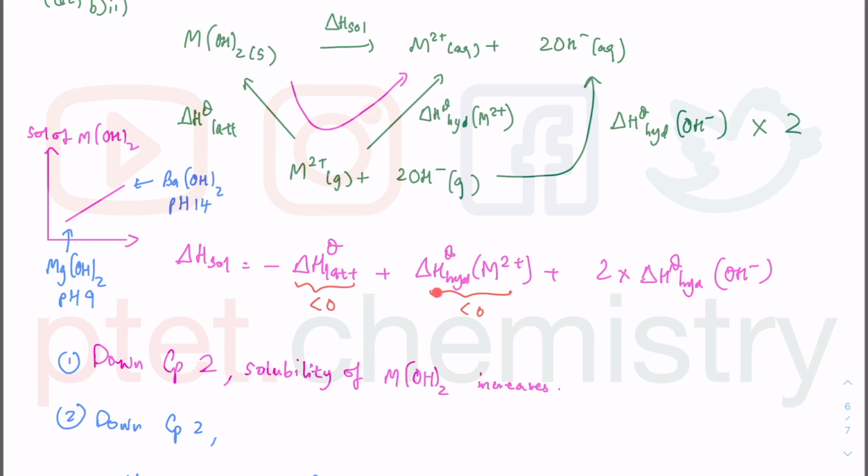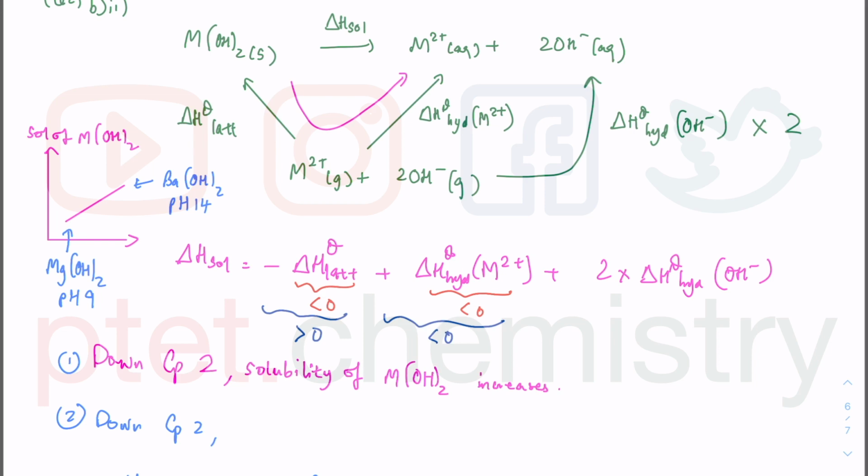It's just hydration of cation, hydration of anion. Similarly, remember that the water molecule has a dipole, it's got delta plus and delta minus. So the opposite dipoles will attract depending on whether you have cations or anions. So overall this will become negative.